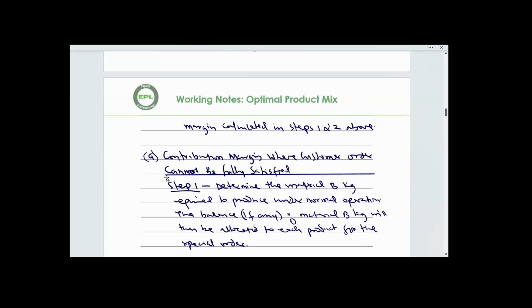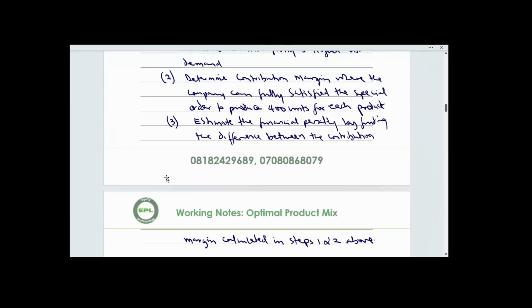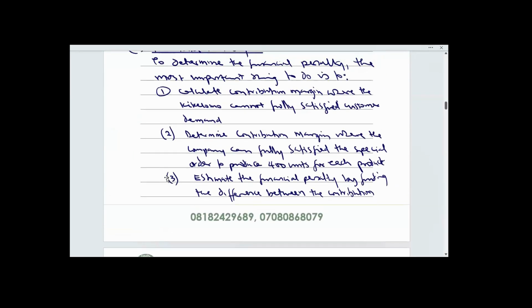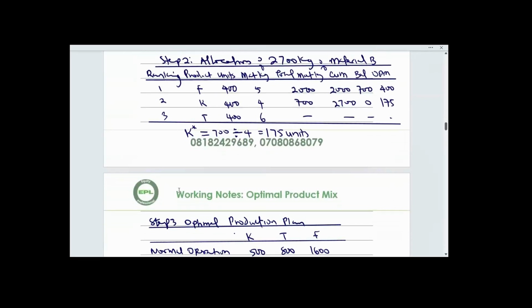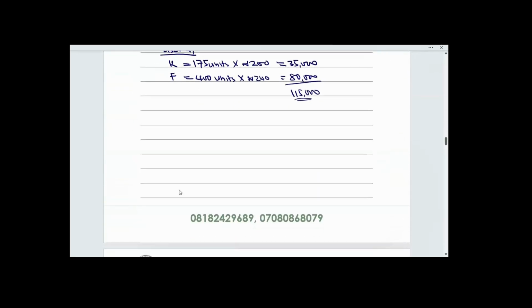Then the second part, step 2 of the financial penalty, is to determine the contribution margin where the company can fully satisfy the customer order to produce 400 units. So what's the contribution margin for that? In this case, what we are saying is that the company wants to give high priority to the special order. Then whatever balance you have thereafter is what you are going to produce for the normal operation.